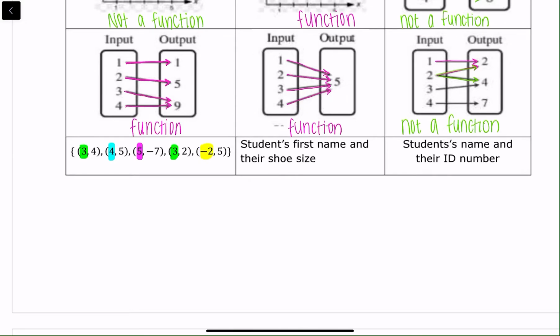The first thing that I notice here is that I have two x values that match. Now I need to check those x values that are matching to see what their y values are. My first 3 goes with a 4, and my second 3 goes with a 2. Since these two x values are going to two different y values, that means that this is not a function.